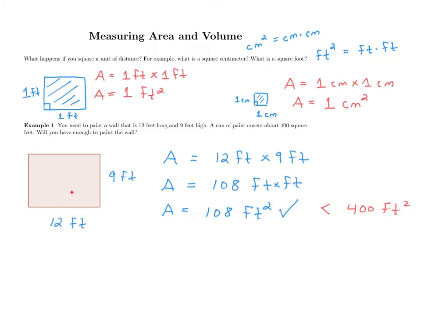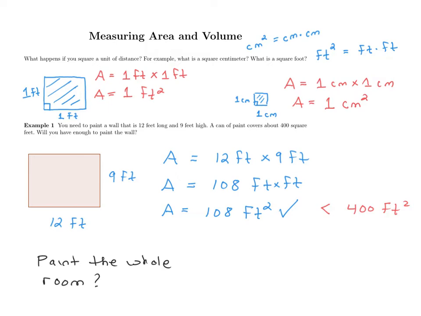Now, what if this was just one wall in a room, and you decide, well, let's actually paint the whole room. And we'll assume all of the walls in the room are about the same size. Do we have enough paint to paint 4 walls of the same size in this room?